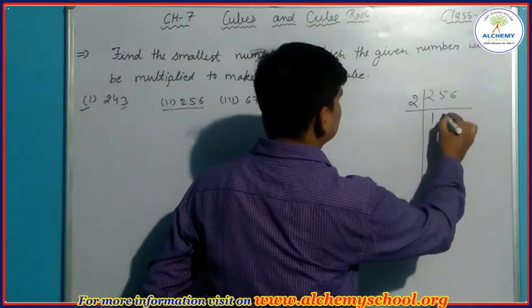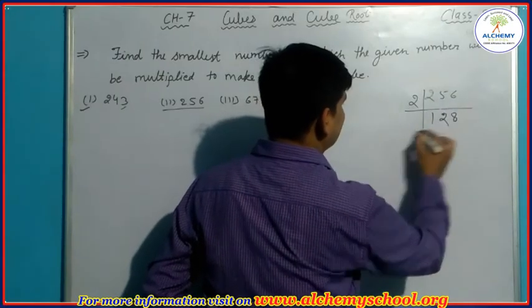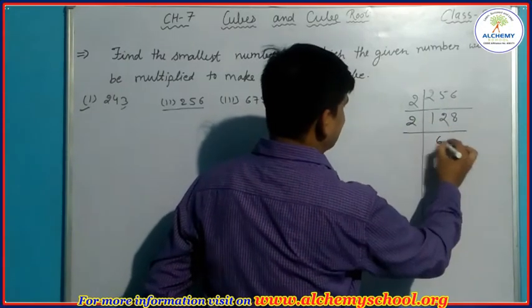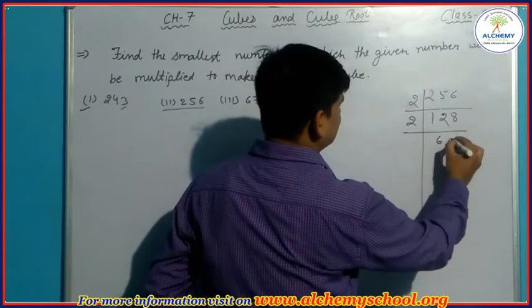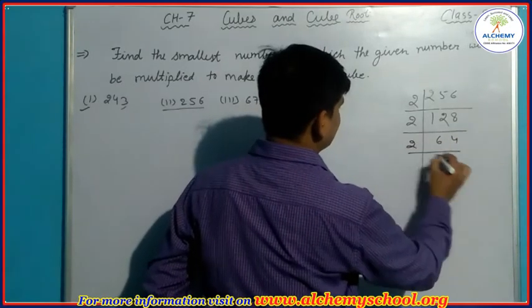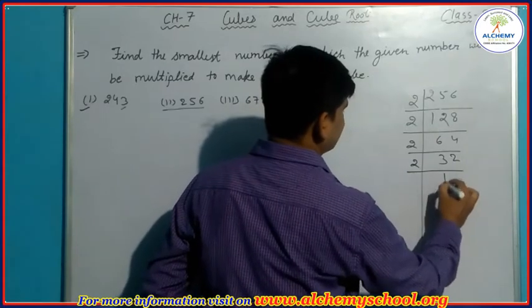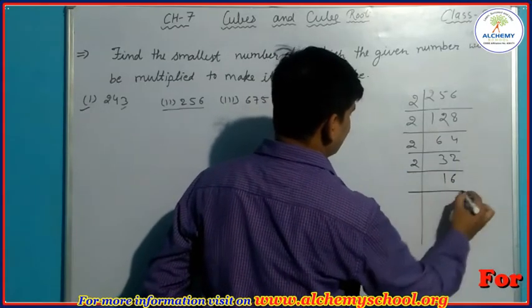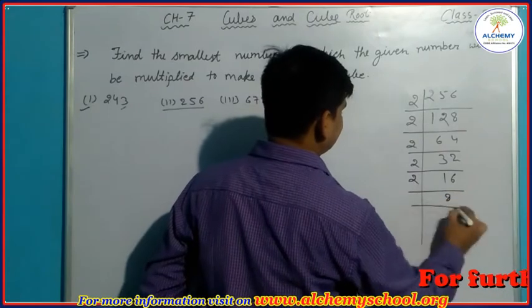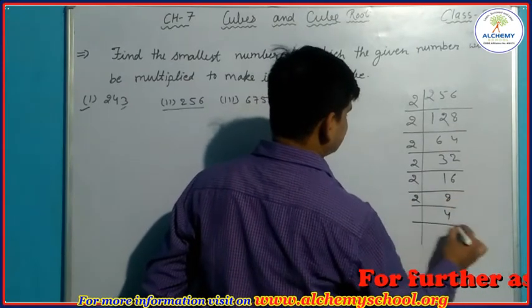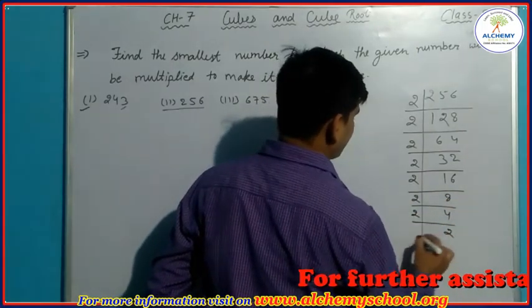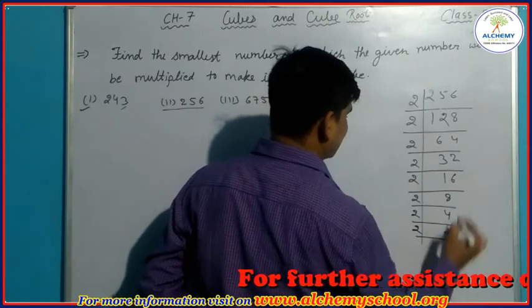2 1s are 2, 2 2s are 4 and 2 8s are 16, 2 6s are 12 and 2 4s are 8, 2 3s are 6, 2 2s are 4, 2 1s are 2, 2 6s are 12, 2 8s are 16, 2 4s are 8, 2 2s are 4 and 2 1s are 2.